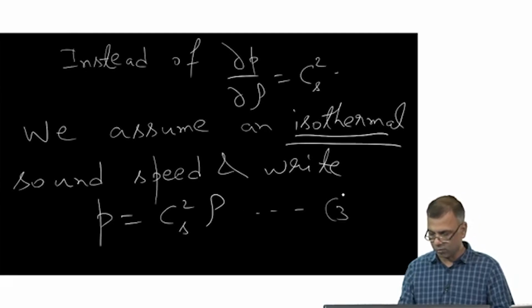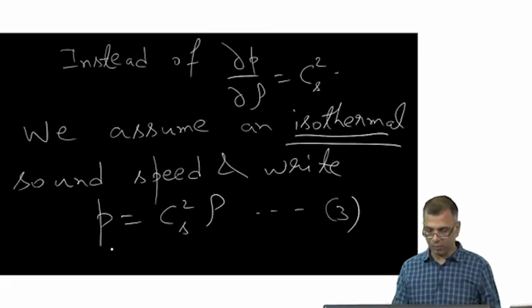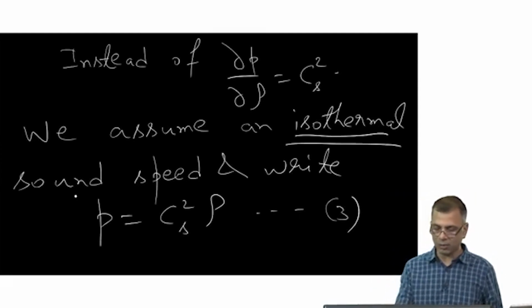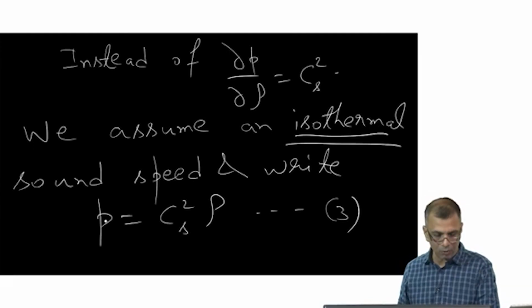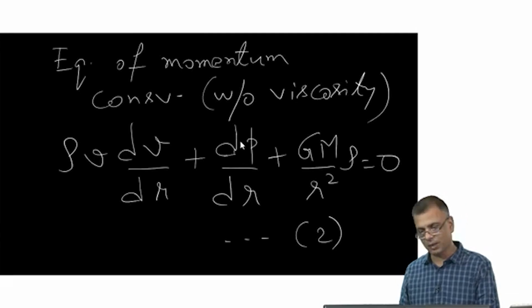Now, this is equation 3. So, this is another very important step. We are assuming an isothermal sound speed. So, in order to eliminate the P here, you see this P? I eliminate this P.